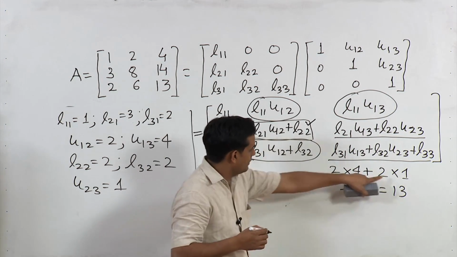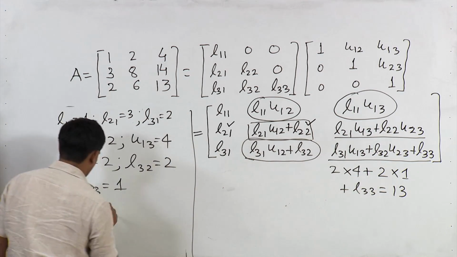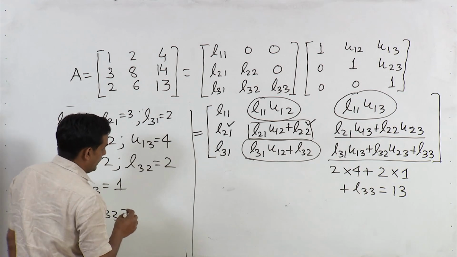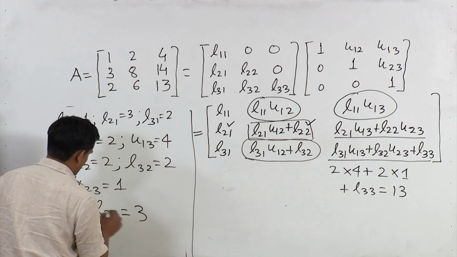So, 8 plus 2 is 10. So, from here I got L33 as 13 minus 10, that is 3.